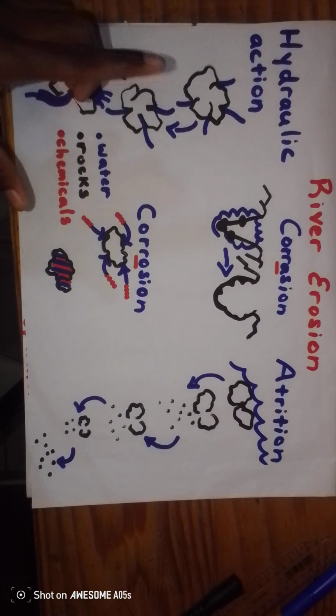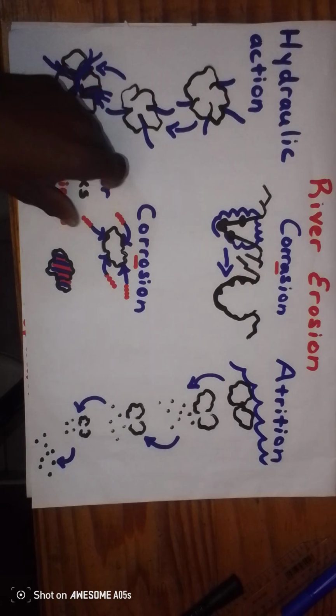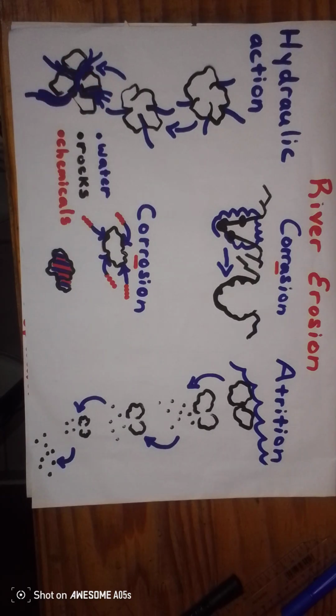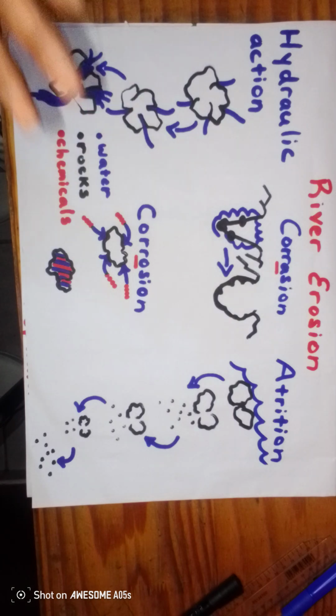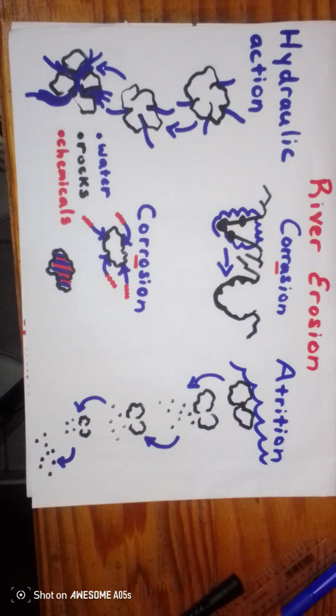So the blue symbolizes the water that's flowing into the rock, and the red are the chemicals. So these chemicals are dissolved in the water, and as water goes into the rock, so do the chemicals, and eventually, over time, these chemicals will weaken the structure of the rock. They will make the rock soft.